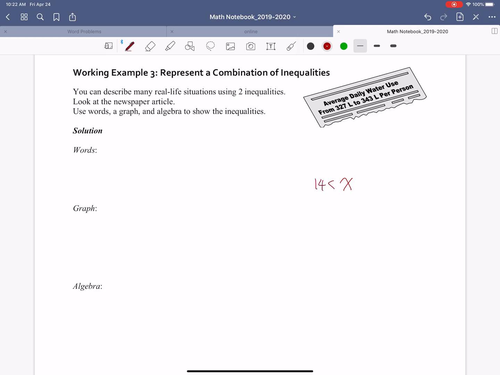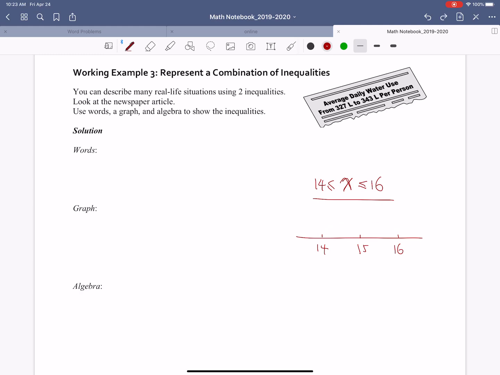That means x is bigger than or equal to 14, since some people are 14, and nobody is more than 16 years old. Let's say everyone is smaller than or equal to 16 years old. That's an inequality giving a range. If I represent it on the number line, this is 14, 15, 16, and x is in between this range.